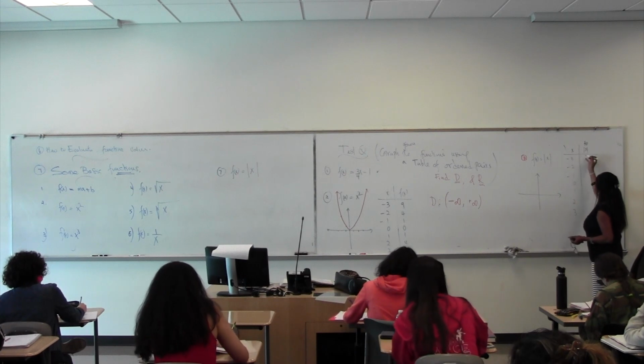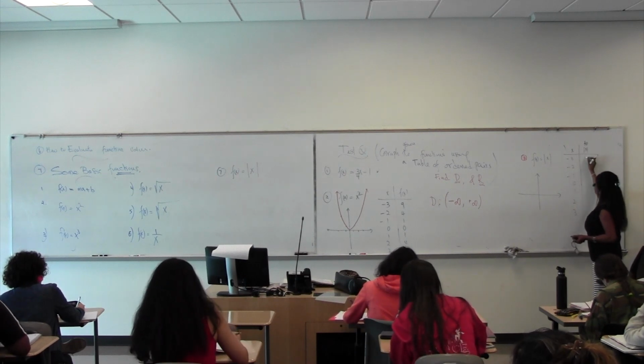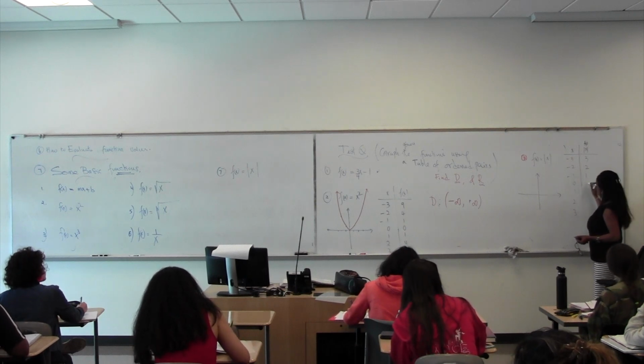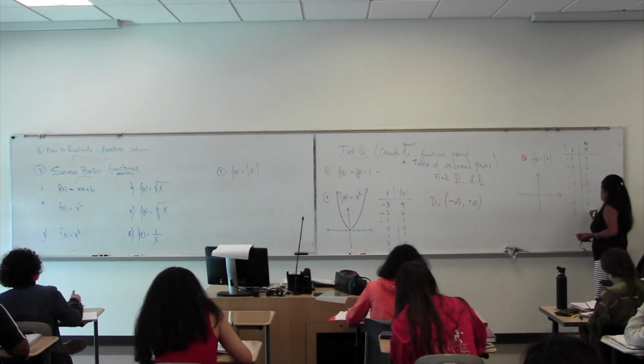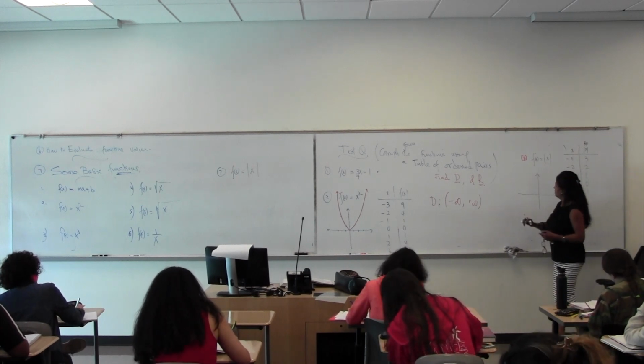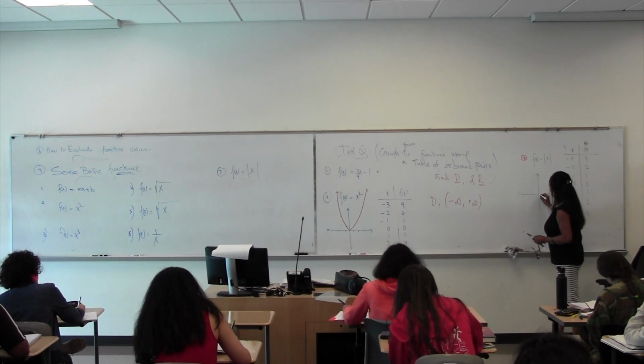What is the absolute value of negative 3? 3. Absolute value of negative 2? 2, 1, 0. So you know your ordered pairs here, right? Now what do you do?